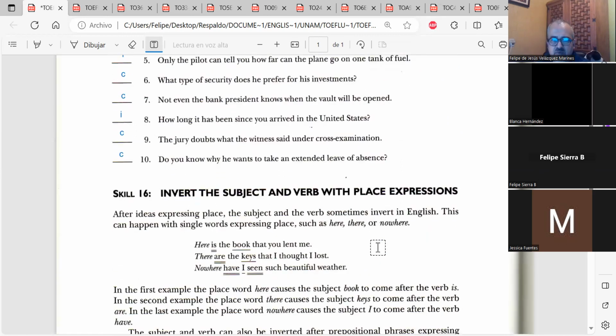Okay. So subject verb inversion with inverted expressions of place. Remember that when we say there is a park, it is an inversion because we can say a park is there. So basically, when we front adverbials, what is an adverb?